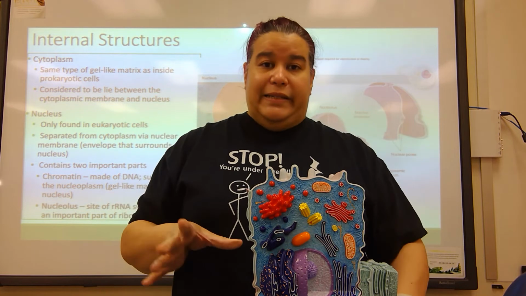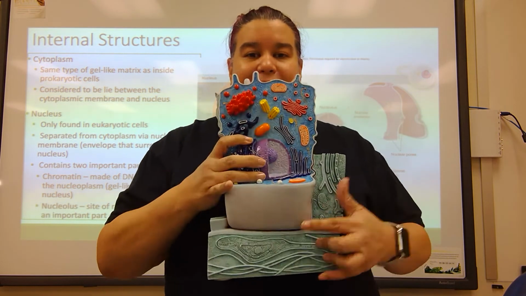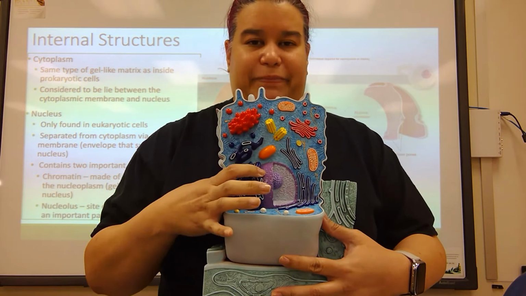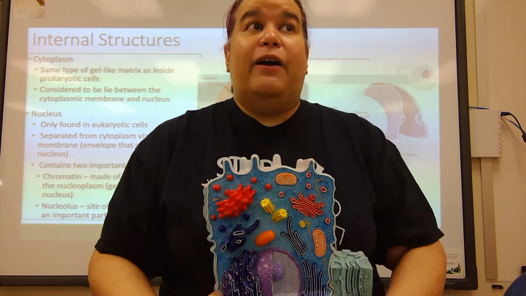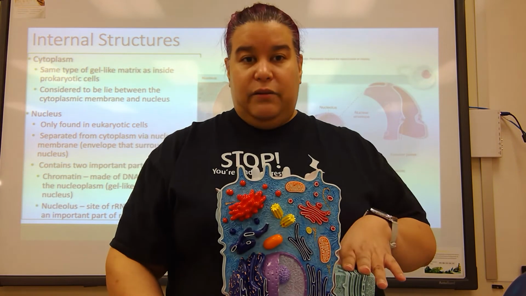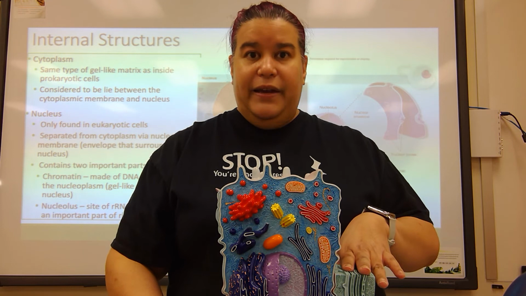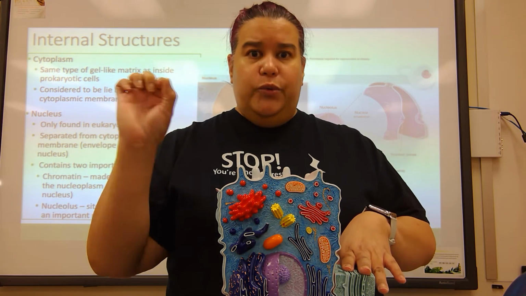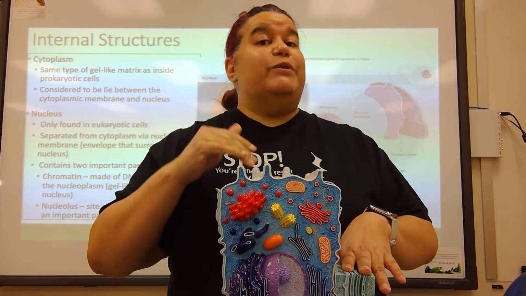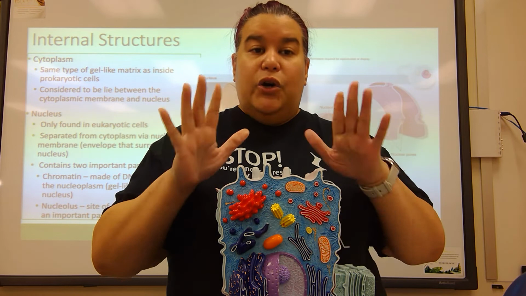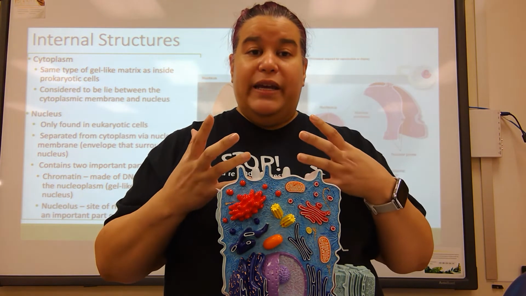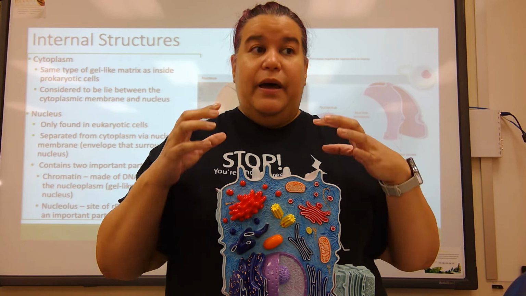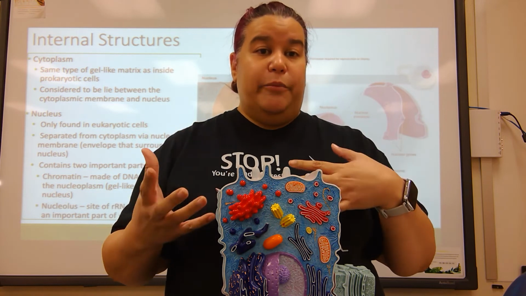Now, the nucleus. In this case, this lavender purple thing is going to be the nucleus. They are only found in eukaryotic cells. Remember that, because eukaryo means true nucleus, right? Prokaryo is before the nucleus. So you will only find them in eukaryotic cells, and they are separated from the cytoplasm by what we call the nuclear membrane.